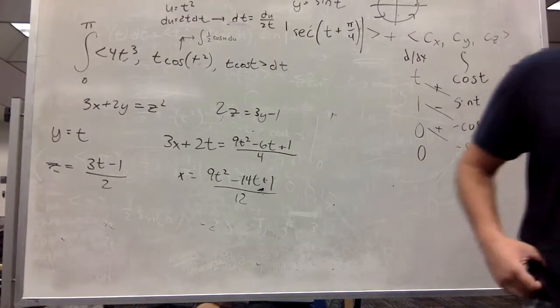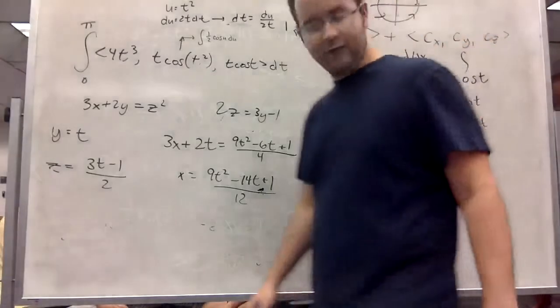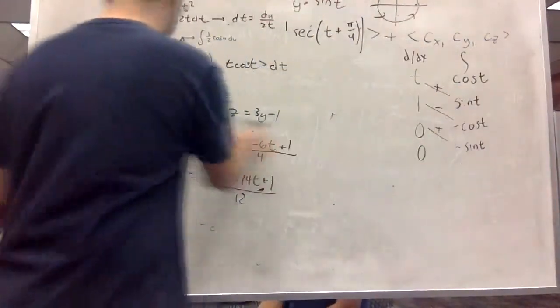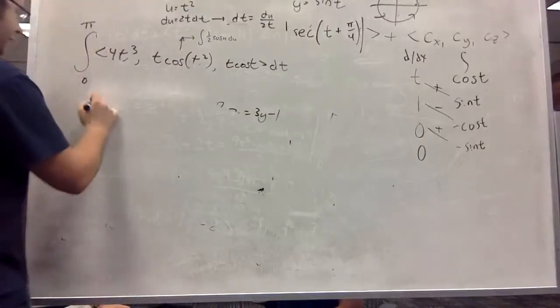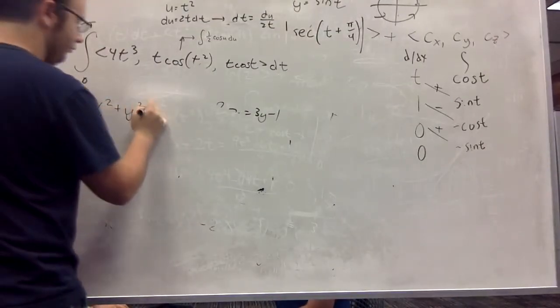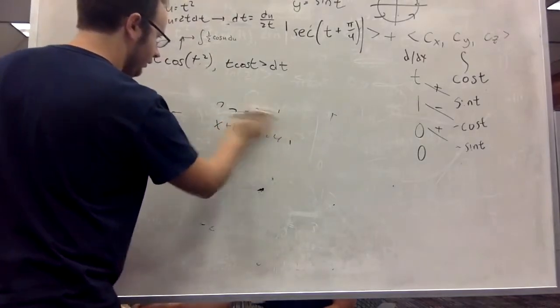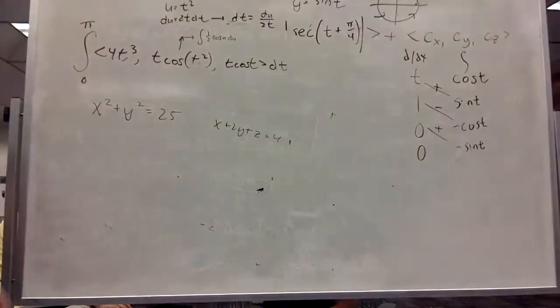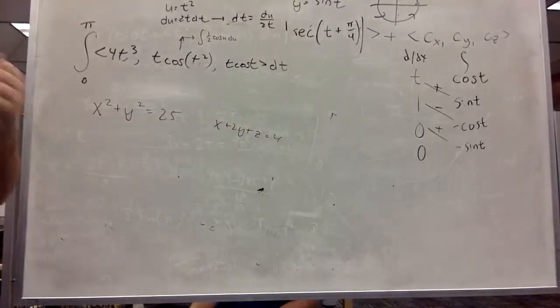Unless it happens to be the case that your shapes are circular in nature, as in the next problem. The next one would be x squared plus y squared equals 25, and x plus 2y plus z equals 4. Because I have this circular shape, I might instead want to use sines and cosines.